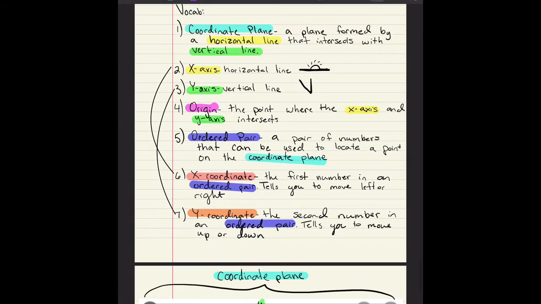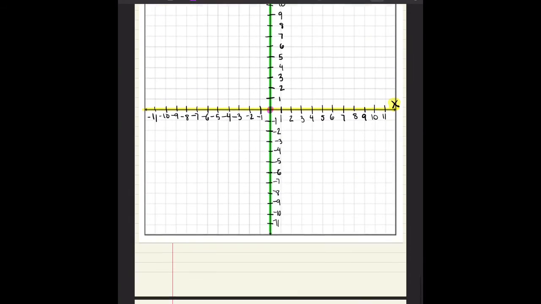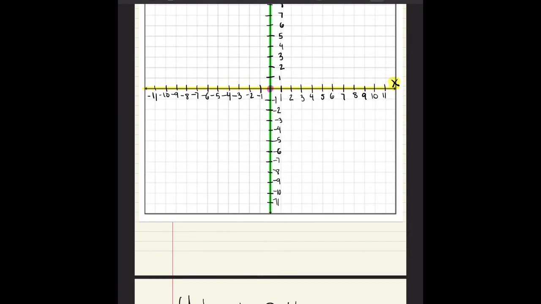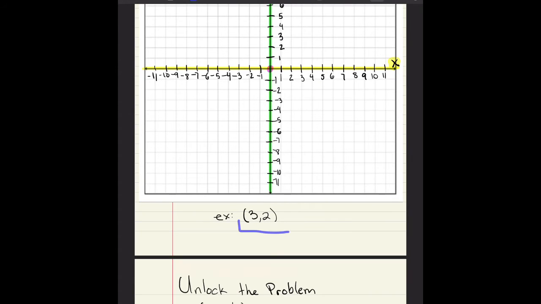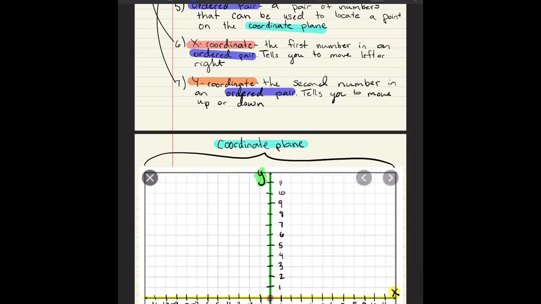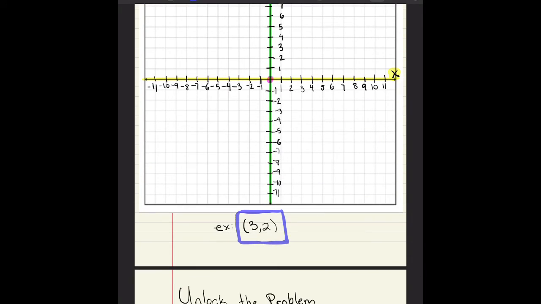And then we have an ordered pair, so let's do an example of an ordered pair. We'll do example 3, 2. So this is what an ordered pair looks like. This is our ordered pair, these two together. And our x coordinate is 3.